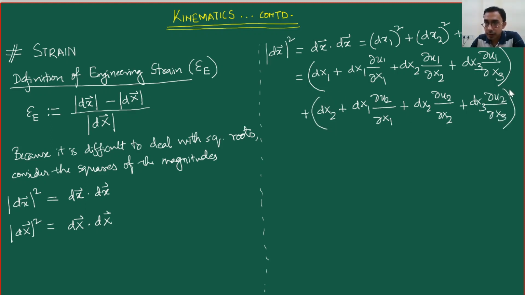This is just the dX2 square from here, and finally for the d small x3 square, what we have is d capital X3 plus this entire term involving the derivatives of u3 this time.